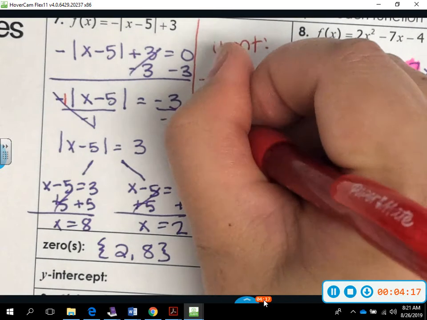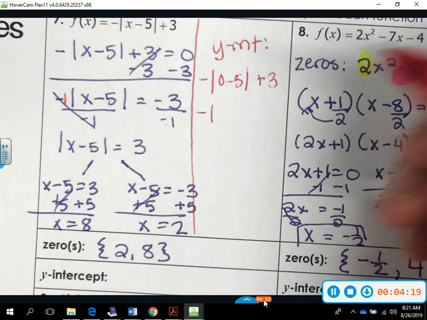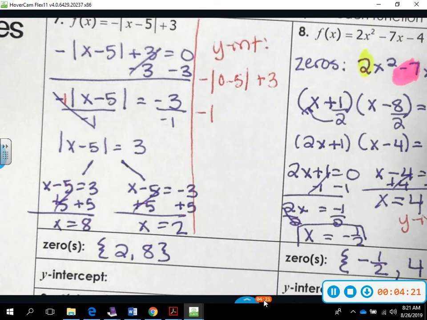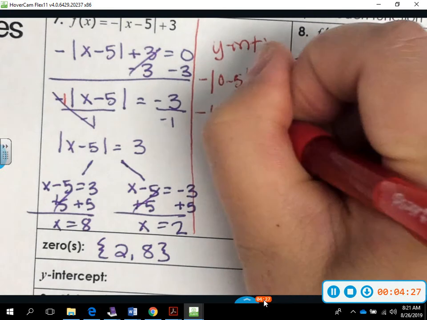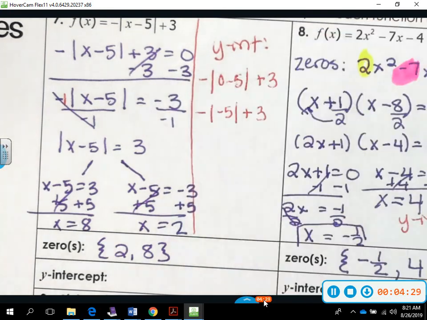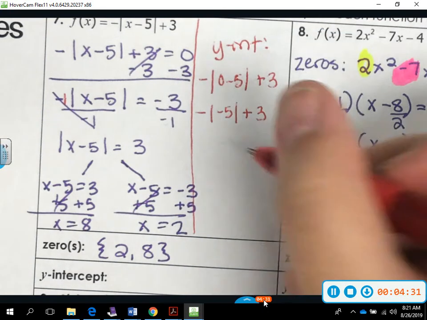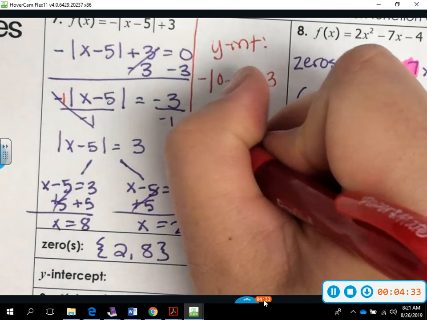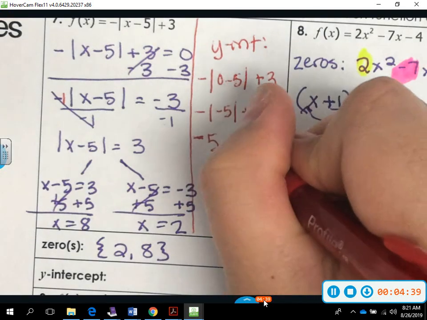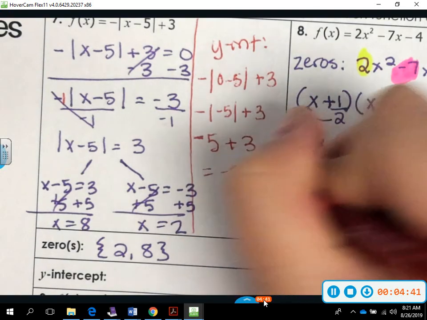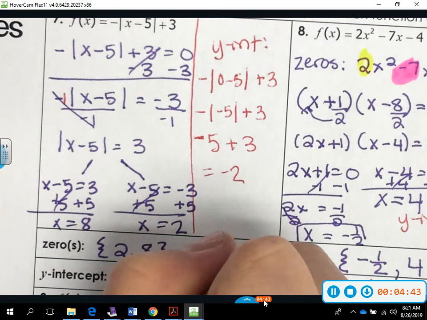Negative absolute value, 0 minus 5 is, what is 0 minus 5? Negative 5 plus 3. Absolute value of negative 5. What is the absolute value of negative 5? 5. So that means this is going to be negative 2. So your y-intercept is negative 2.